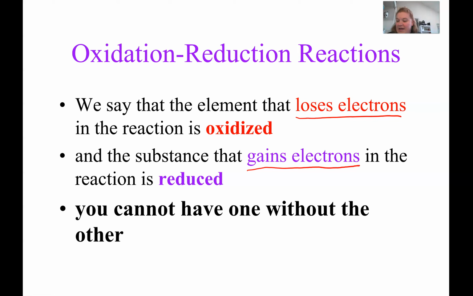And we can't have one without the other, because if an element's losing electrons, they don't just go out into space, something else has to gain them. One way to remember this is OIL RIG. So oxidation is the loss of electrons. Reduction is the gain of electrons. Just one of those silly phrases that might help you.